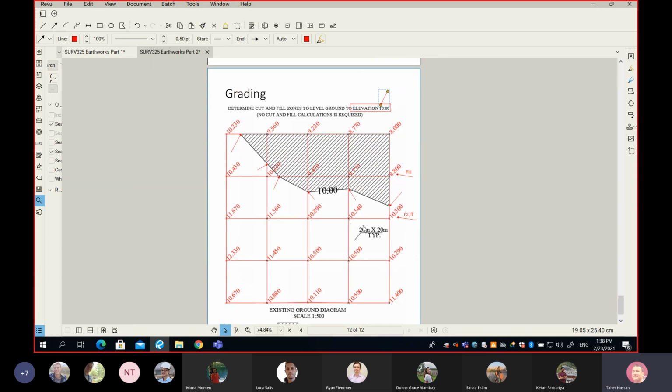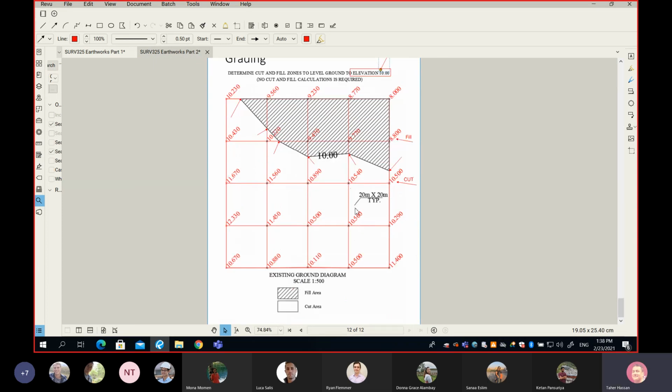Now I'll show you. Guys, I want you to imagine that the volume of cut is from here to there. This is your volume of cut. I'm trying to show you the boundary of the volume of cut. We're almost there. So the volume of cut is simply this one.